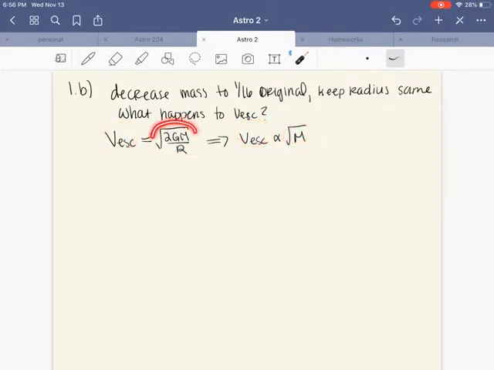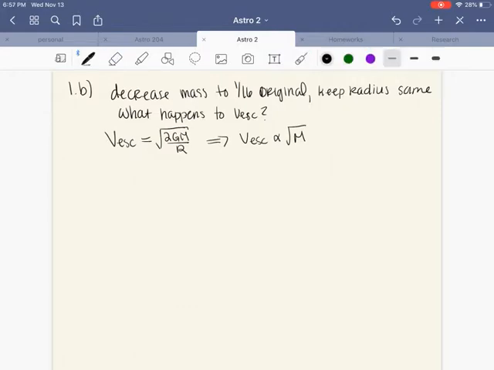So anything that happens to this has to happen to this as well. Because if you multiply something on one side of the equation, you have to do it to the other as well. So if this gets multiplied by 4, this also has to get multiplied by 4. If this gets divided by 2, this also has to get divided by 2. Right?